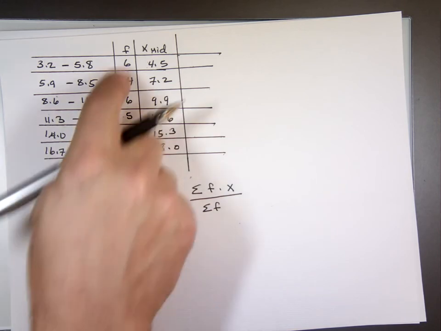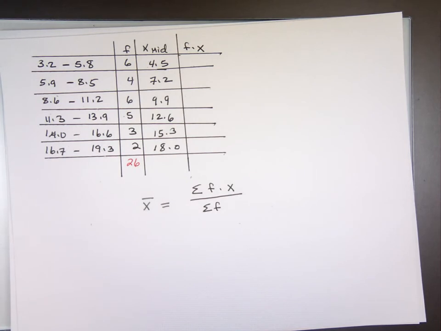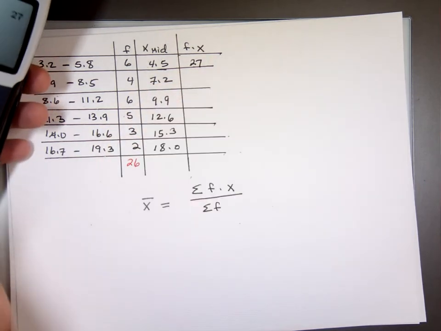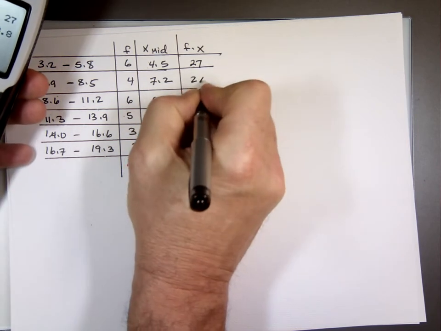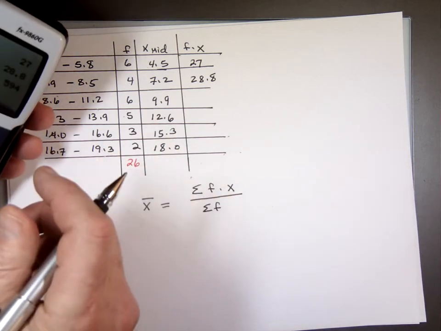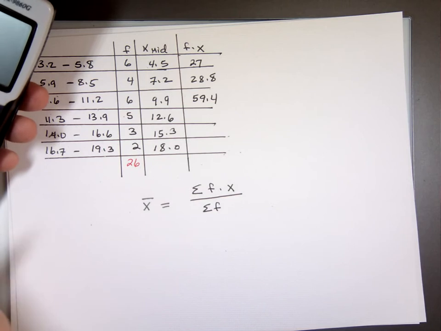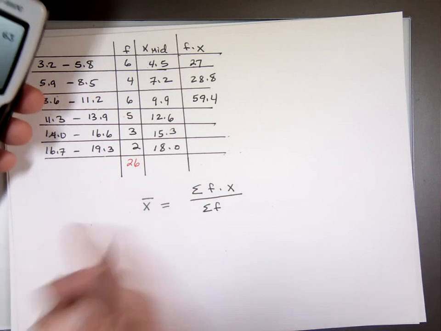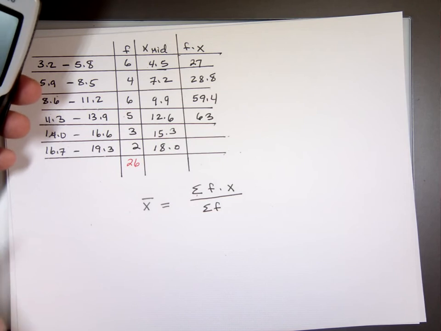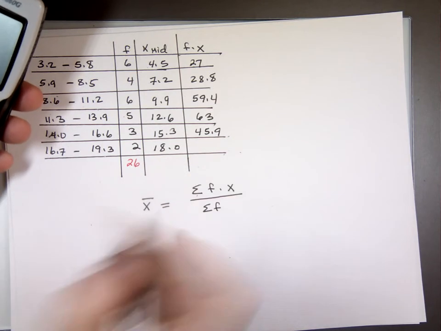So let me multiply these two numbers, f times x, and add them. 6 times 4.5, 27. 4 times 7.2, 28.8. 6 times 9.9, is it 59.4? 5 times 12.6, 63. 3 times 15.3, 45.9, and 2 times 18, that's 36.